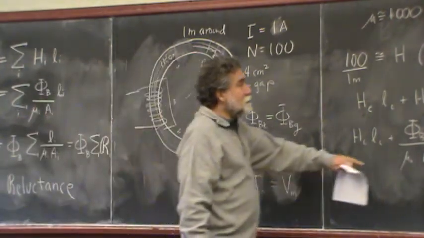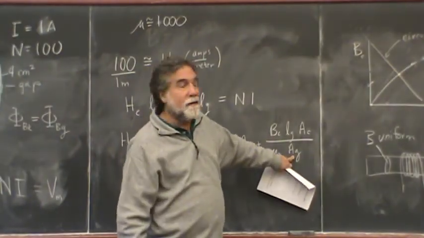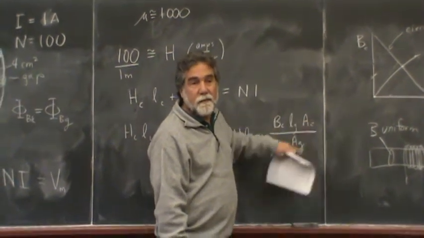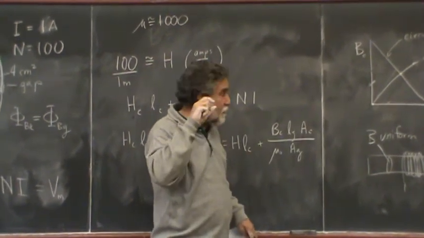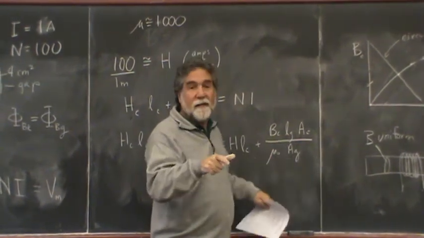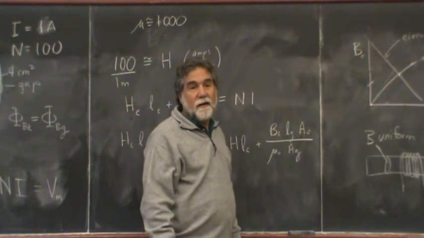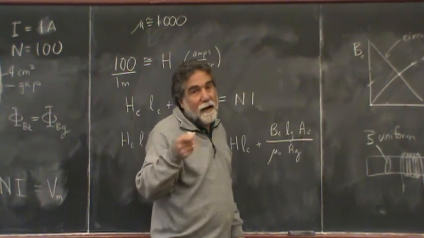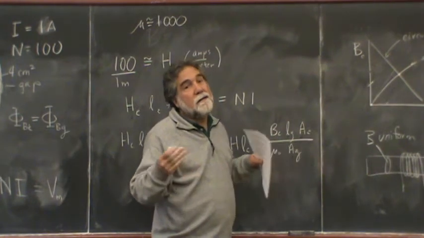So I'm explicitly putting the gap area. Actually, what you have is a ratio of gap to core, which depends upon how long the gap is and the cross-sectional area of the gap or of the core. So there's a correction that can be made.